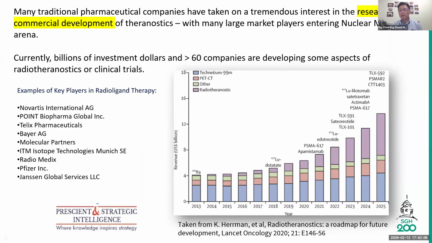Currently, billions of investment dollars and more than 60 companies are developing some aspects of radiotheranostics or running clinical trials in radiotheranostics. Some of the key players in radioligand or radiotheranostic therapy include Novartis, Bayer, Telix.